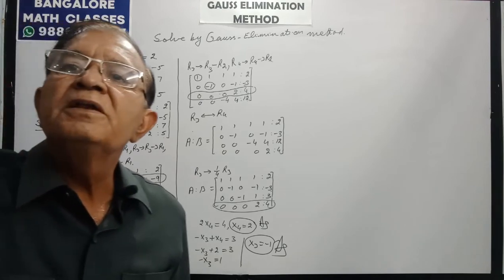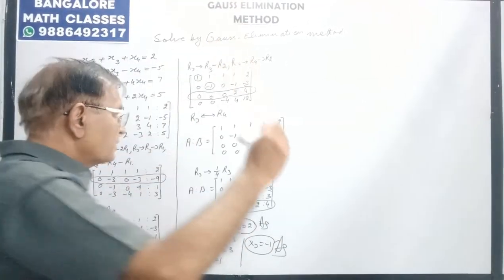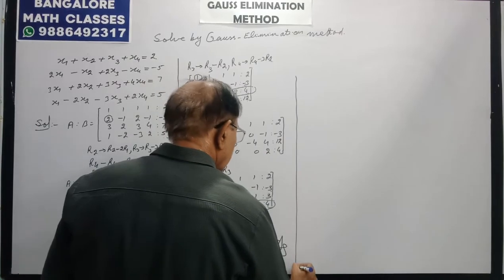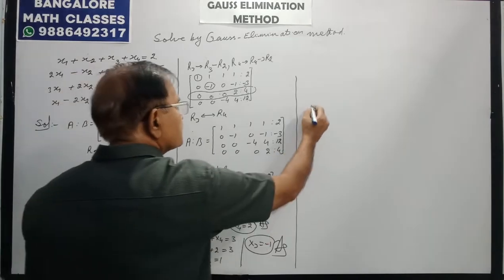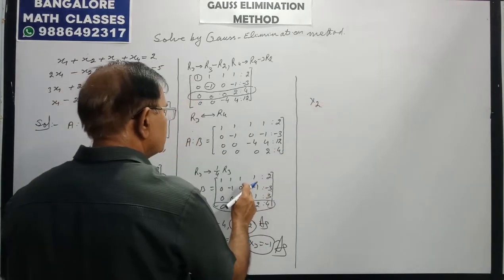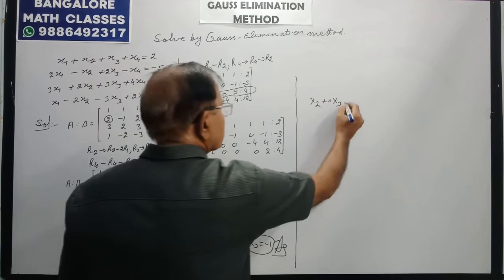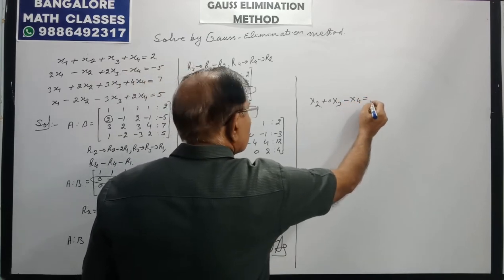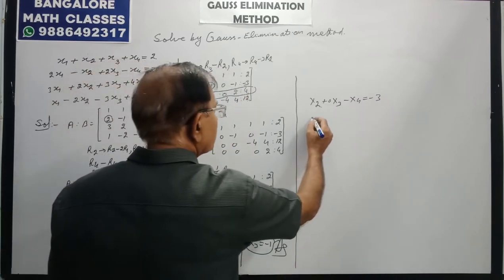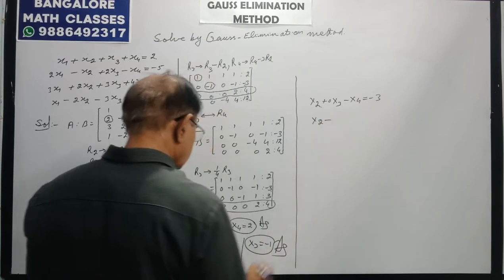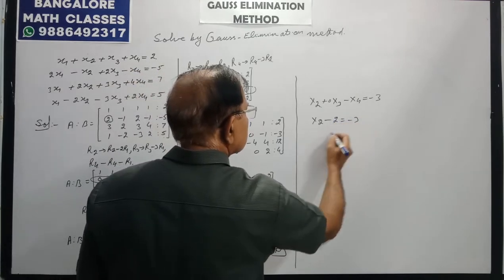Similarly, other values. Zero x1, minus x2, 0 x3, minus x4 equals minus 3. x2 we want to find, x4 is 2, equals minus 3.